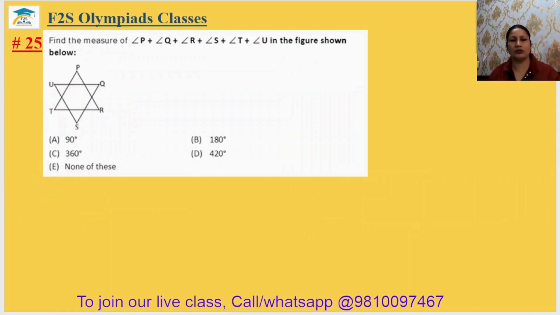Come to question number 25. Find the measure of angle P and sum of these angles in the figure shown below. Here you can see there is a triangle PTR and a triangle QSU. There are two triangles. We know that the sum of the angles of a triangle is 180 degrees.